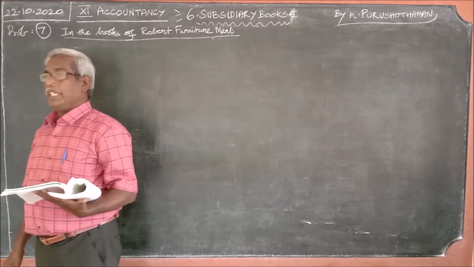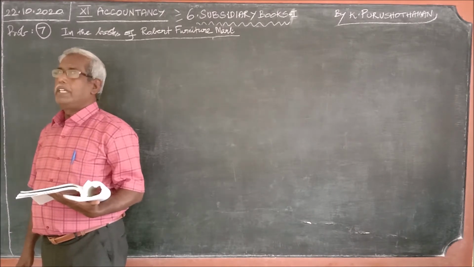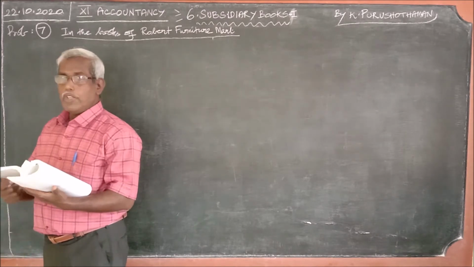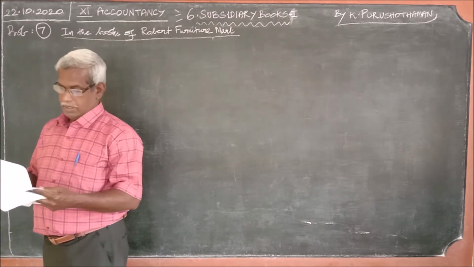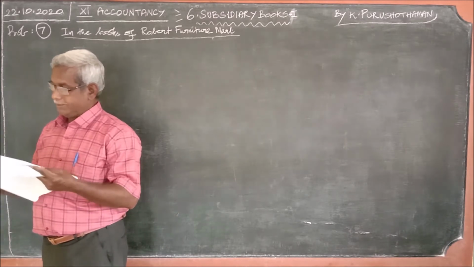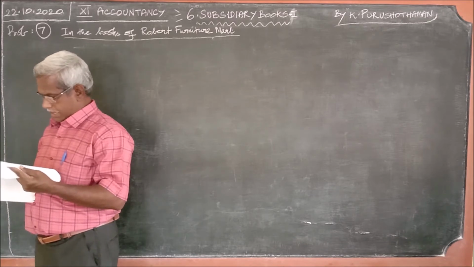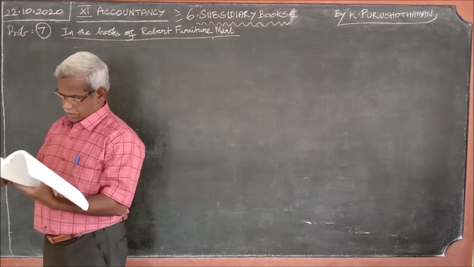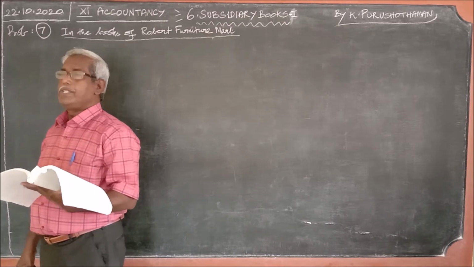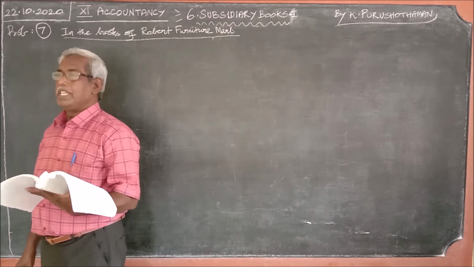So far we have seen how to prepare the four different types of subsidiary books. Now we are going to see how to post them into the ledger. The given problem 7 also says: from the following information prepare purchases day book and purchases return book.